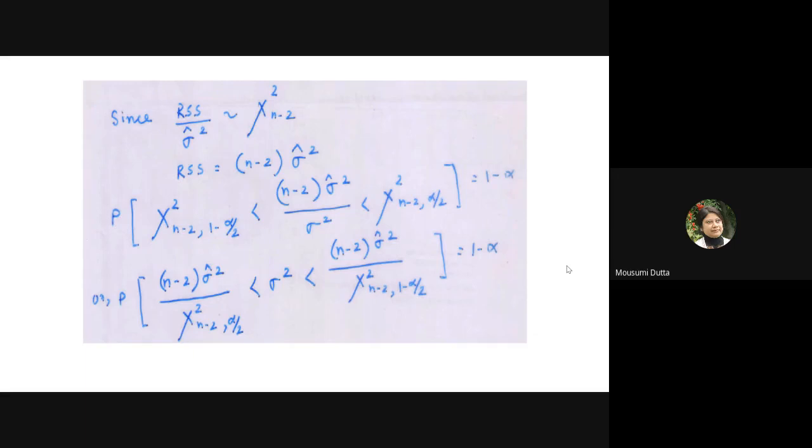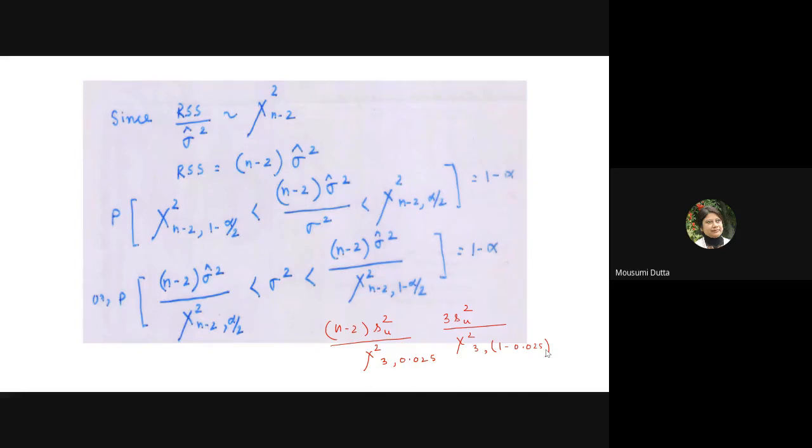So we need to calculate n minus 2 SU square, chi square 3, and n minus 2 means 3 actually. These things we need to calculate.